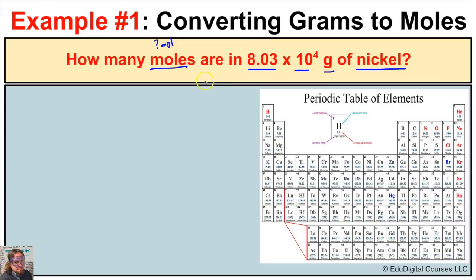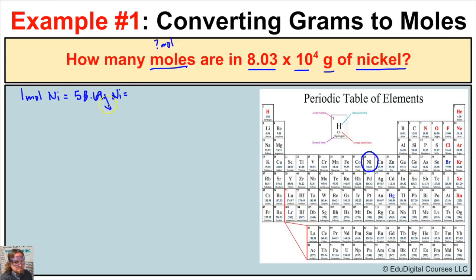If we take a look at our periodic table of elements and we take a look at nickel, we can see that the molar mass of nickel is 58.69 grams per mole. That means that for every 1 mole of nickel that we have, it's going to have a mass of 58.69 grams of nickel.